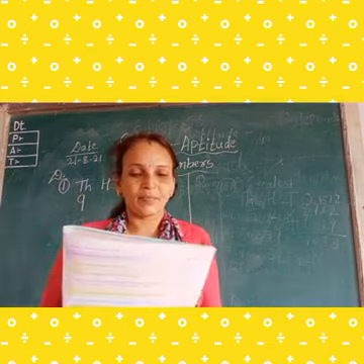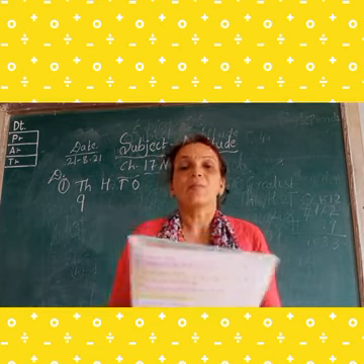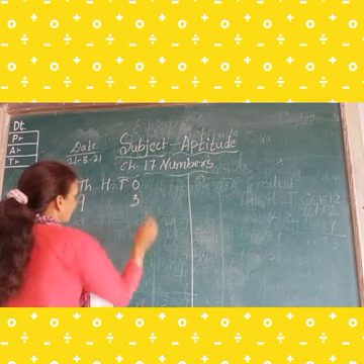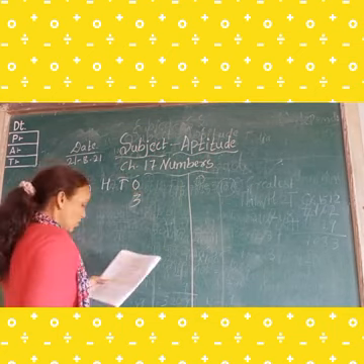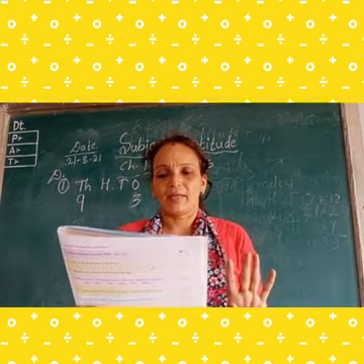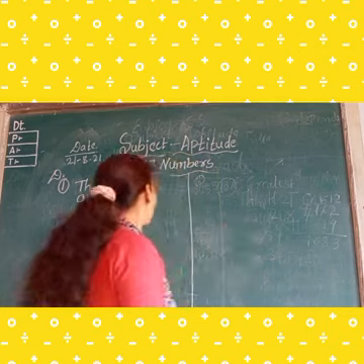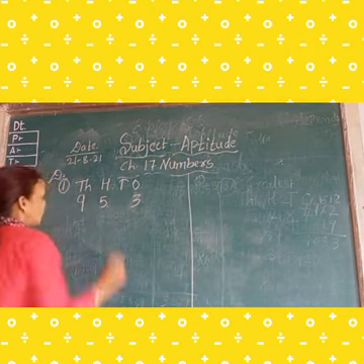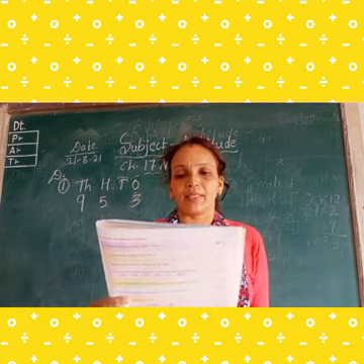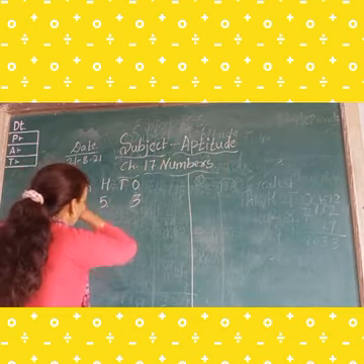Then the second clue is the place value of 3 is 3. Place value starts from ones. So 3. Now the third clue is the digit in hundreds place is 5. Then the fourth clue is the place value of 4 is 40.